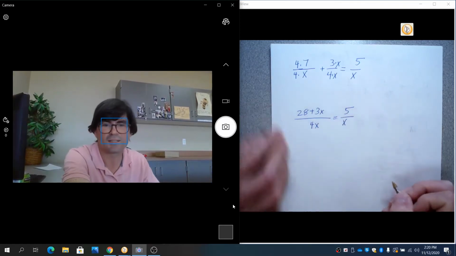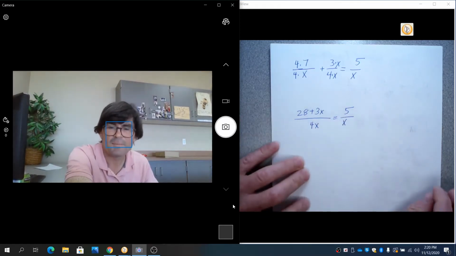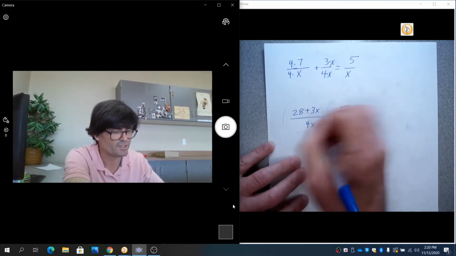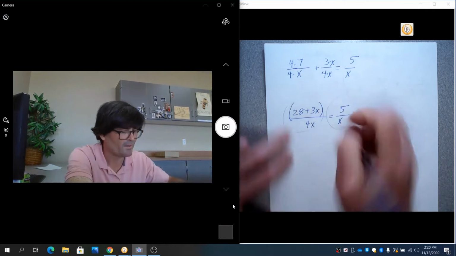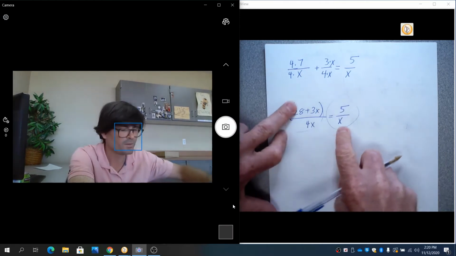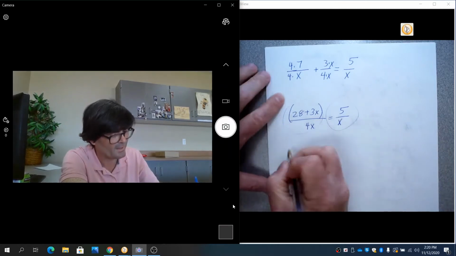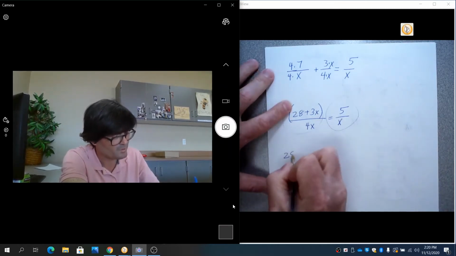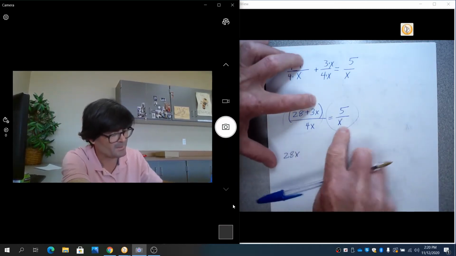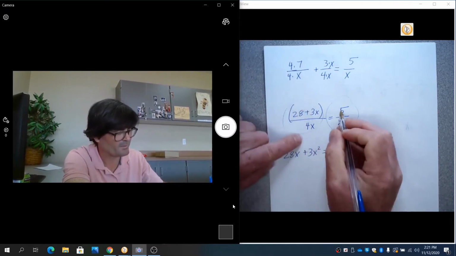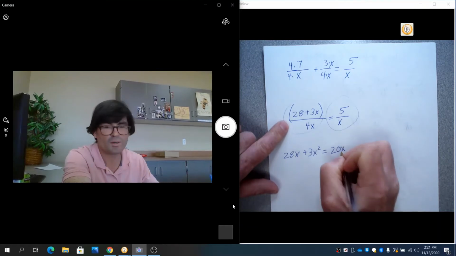equals 5 over x. Now what you can do, as long as you have one fraction equal to another fraction, you can multiply these two things and set it equal to these two things multiplied. So 28 times x, 28x, 3x times x, 3x squared equals 5 times 4x is 20x.